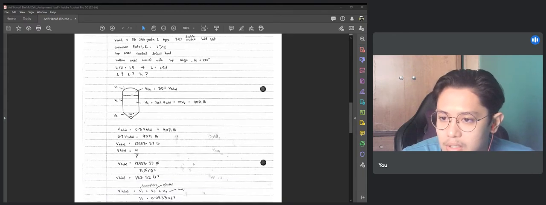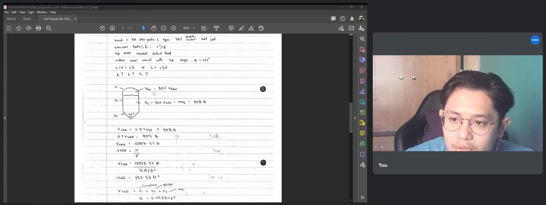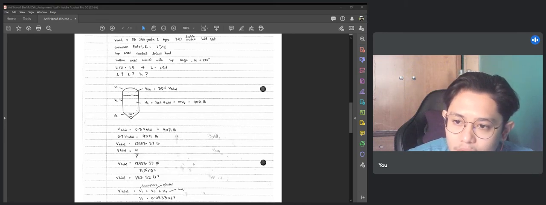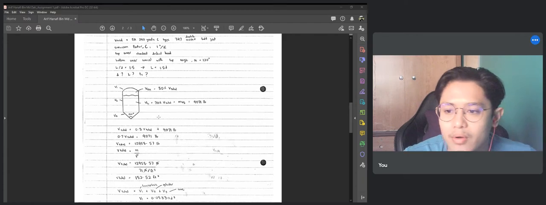This is the diagram for the tank. The volume of ruang kosong is equal to 30% of the volume total and the volume of liquid is 70% of the volume total, which is equal to mass of liquid, 9071 pound.